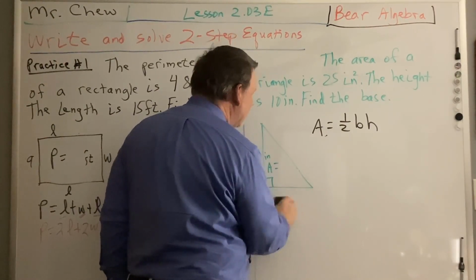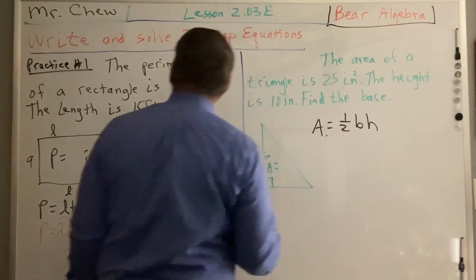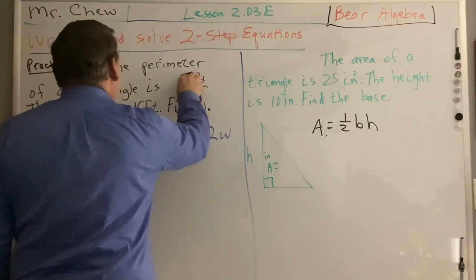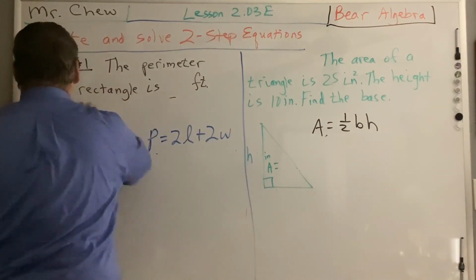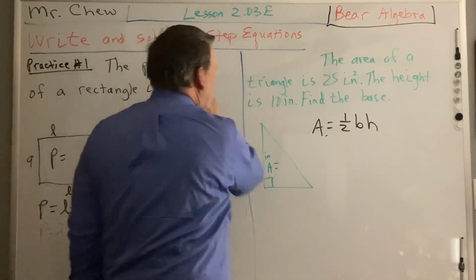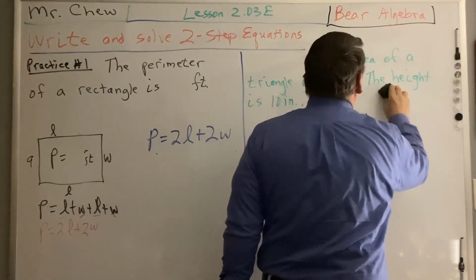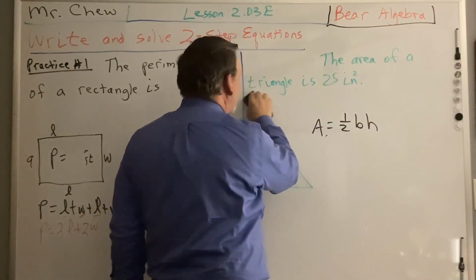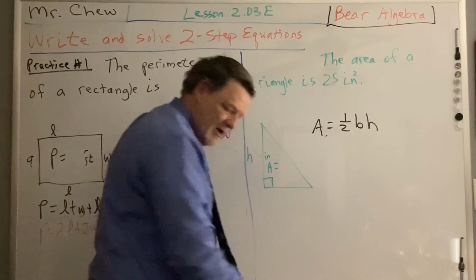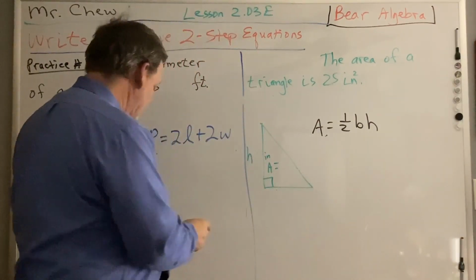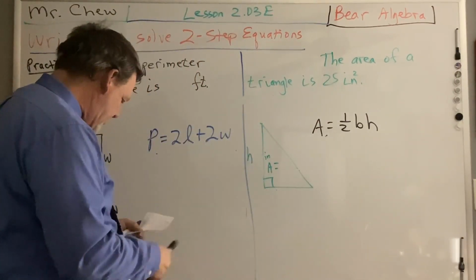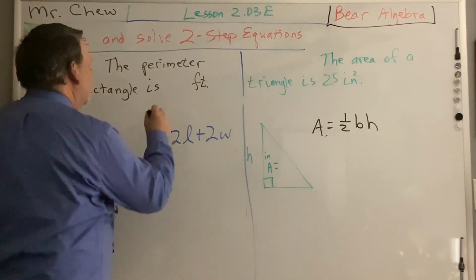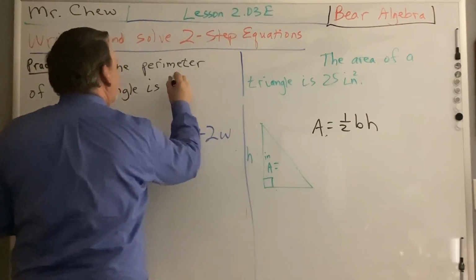All right. So, this is different and this is different. This is different and this is different. All right. So here are the problems. I got them on a piece of paper here. So it says the perimeter is 96 meters.